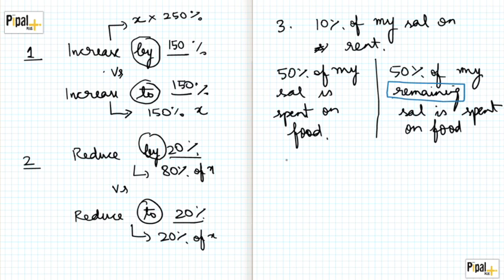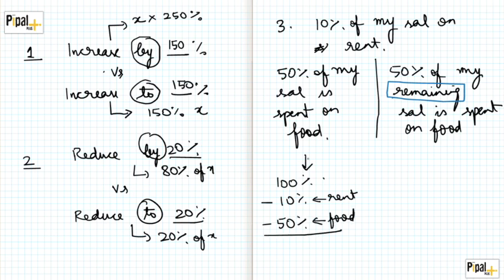That means out of the 100% of my salary, I have spent 10% on rent, right? And I have spent 50% on food. So after reading this sentence, I am just left with 100 minus 10 and 50, 40% of the original salary, right?